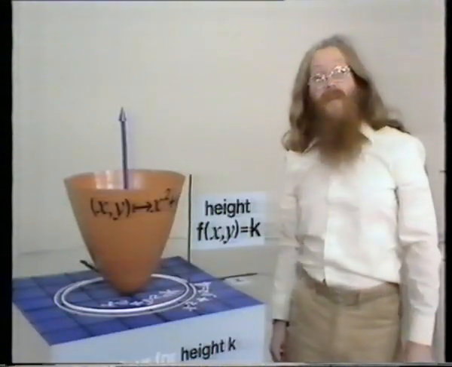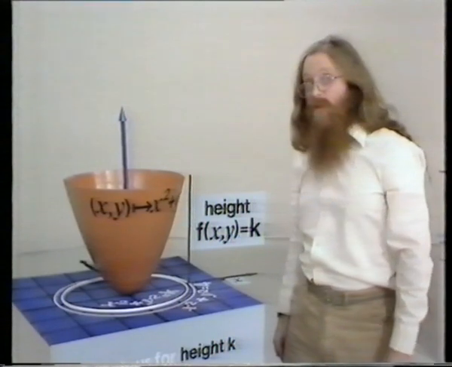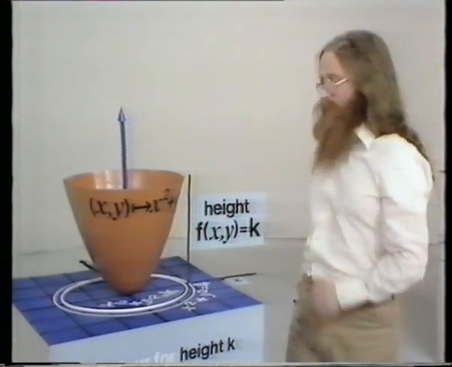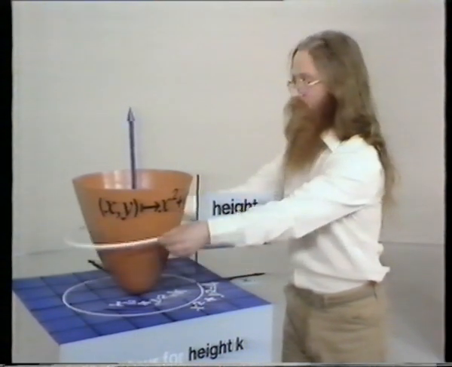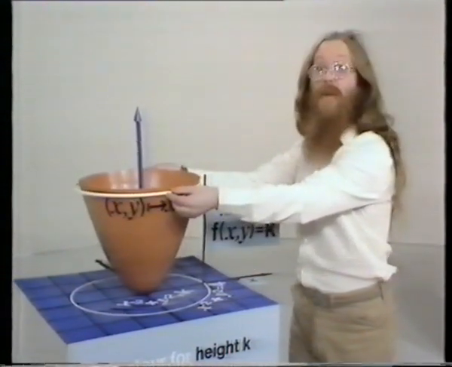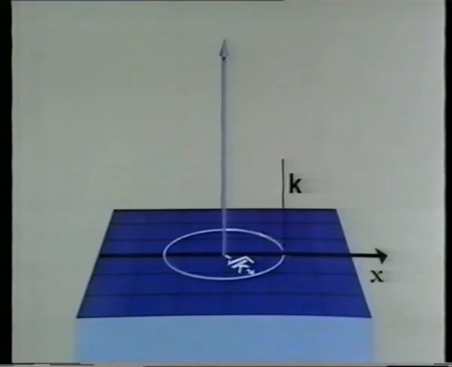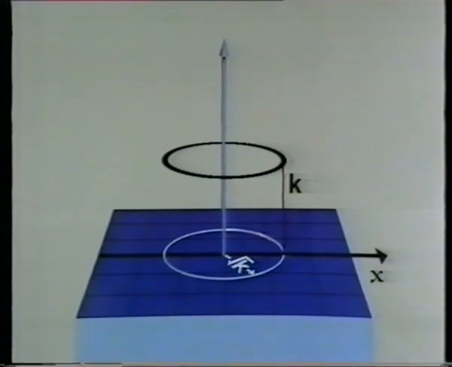Well, as a matter of fact, the easiest way to construct such a surface, and the way we constructed this one, is first of all to work out the contours, and then to raise them to a suitable height to make a section. If we increase the value of k, the radius of the contour circle will increase, and so will the height of the section.